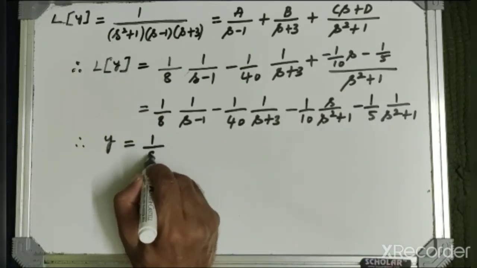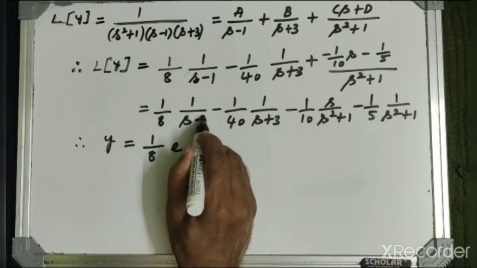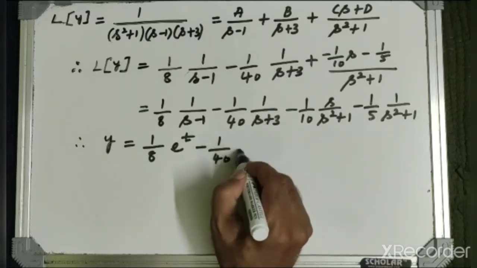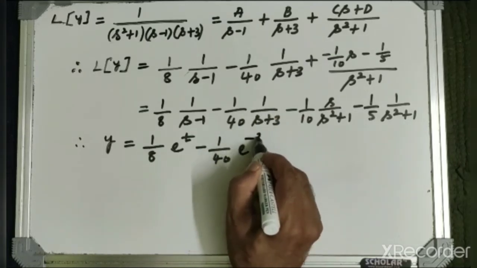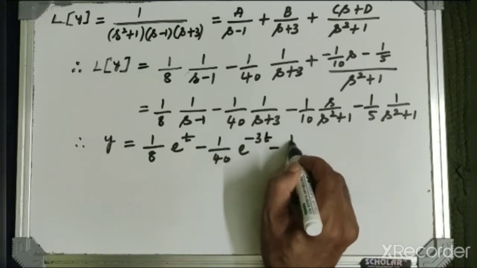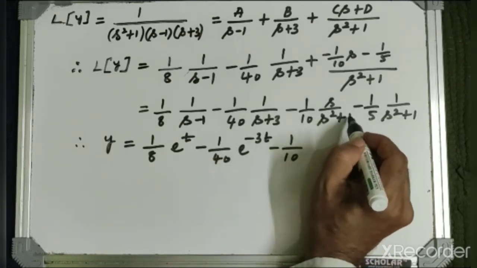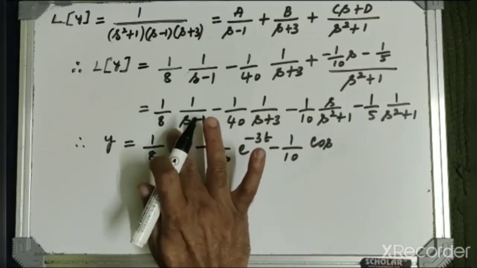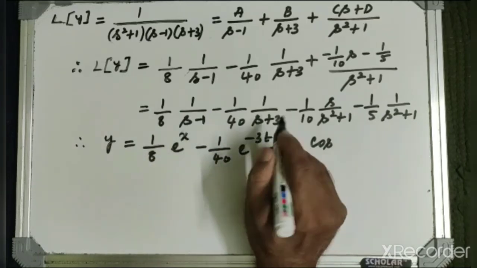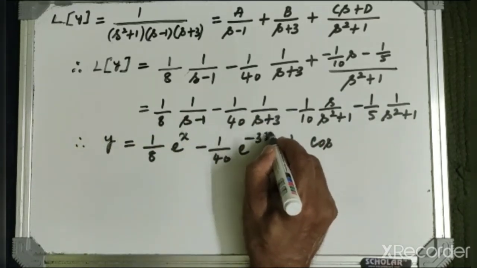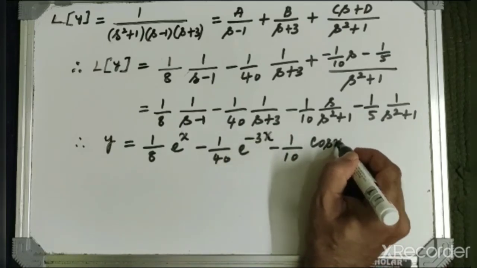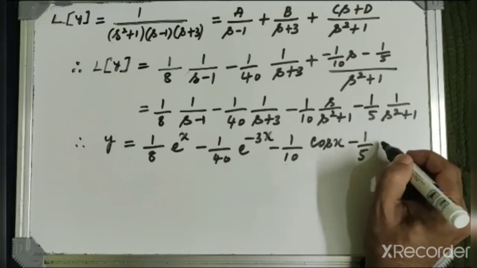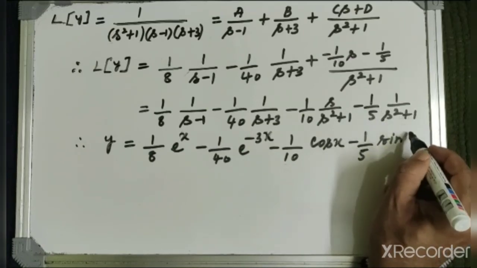So 1 by 8, the inverse of 1 by S minus 1 is e power 1 into t; minus 1 by 40, the inverse of 1 by S plus 3 is e power minus 3 into t; minus 1 by 10 into L inverse of S by S square plus 1 is cos t, but here we have to write x because in the problem it is given dy by dx, so you have to express y as a function of x, so cos x; and similarly minus 1 by 5 into the inverse of 1 by S square plus 1 is sin x.